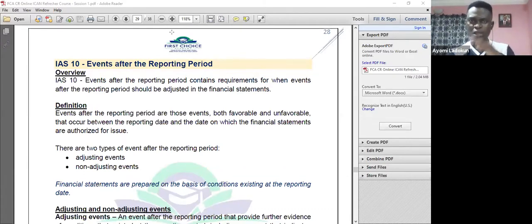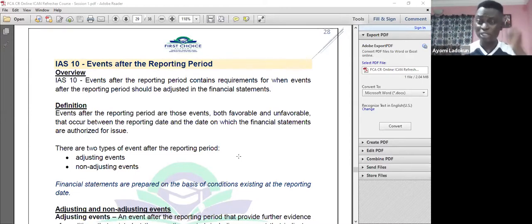Okay, so as I was explaining, non-adjusting events are indicative of conditions that arose after the end of the reporting period. They did not exist at the balance sheet date.